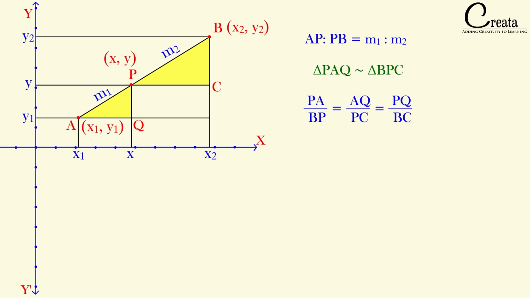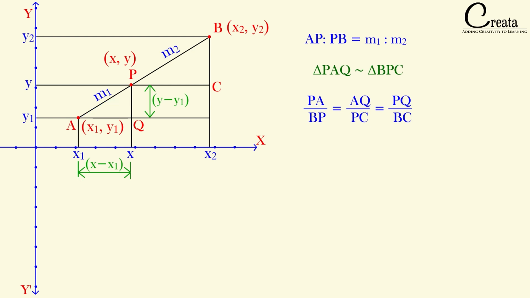Further, let's see the sides of these triangles. If we observe triangle APQ, can we find the length of the side AQ? Here this complete length is x and this length is x1. So can we say AQ is equal to x minus x1? Similarly, we can find the side PQ, which will be equal to y minus y1.